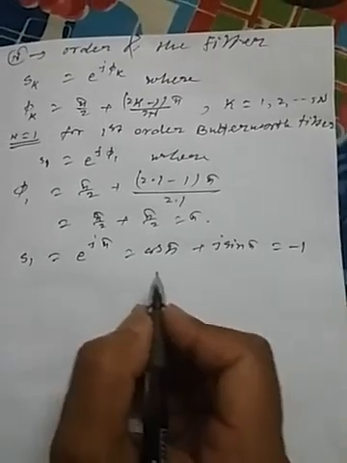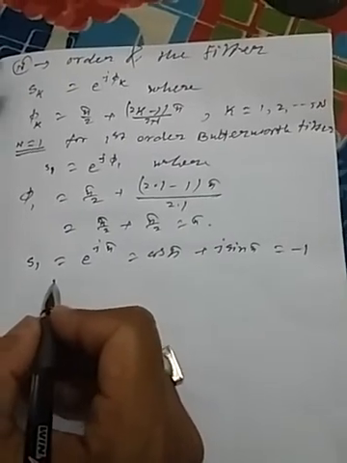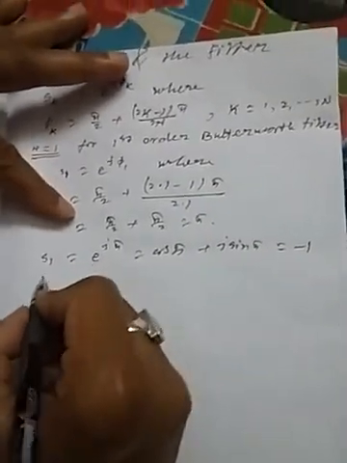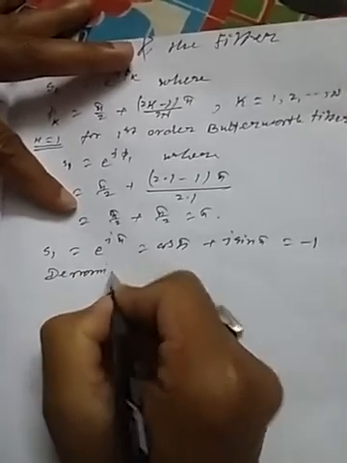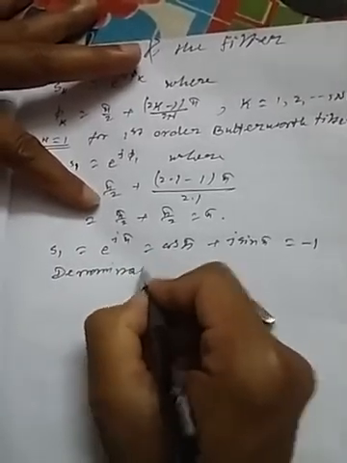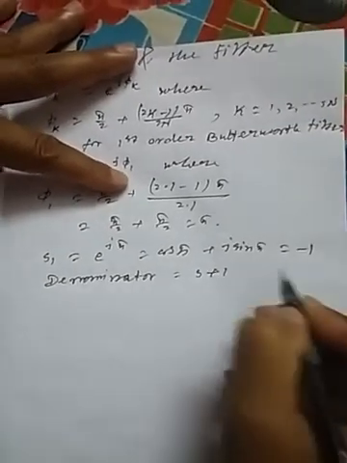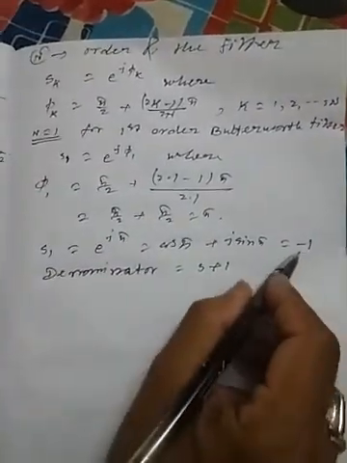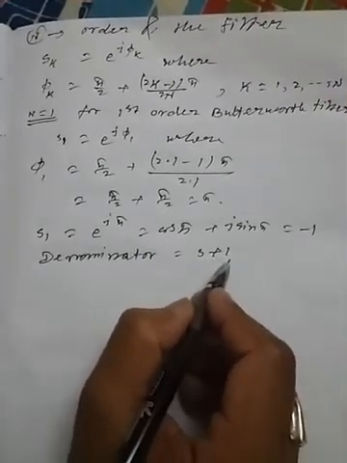So it has only one pole, that is minus 1. So what will be the denominator? The denominator of a first order Butterworth filter will be s plus 1. If it has a pole at minus 1, then the denominator will be s plus 1, right?